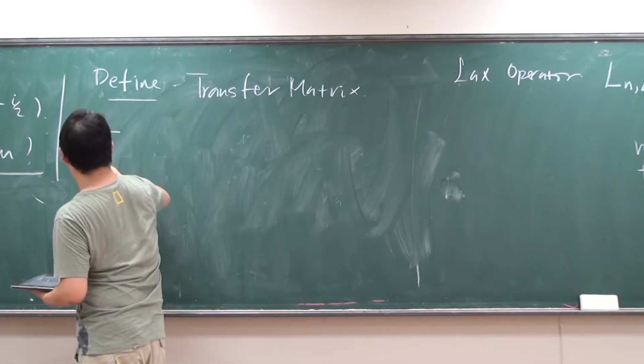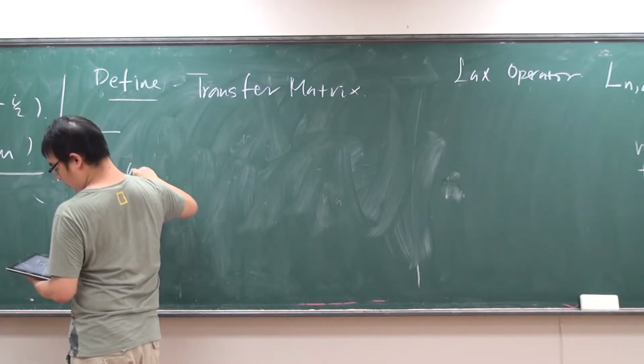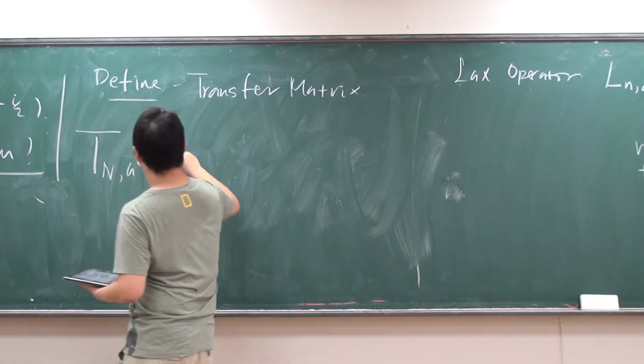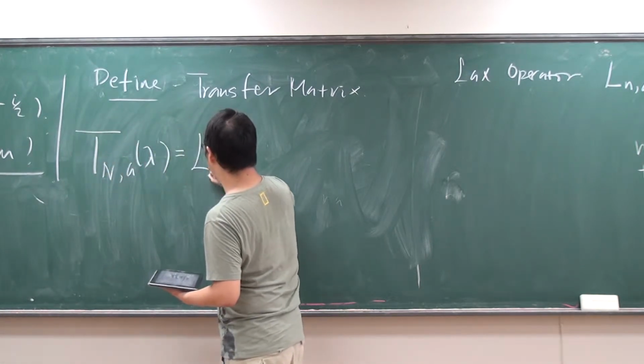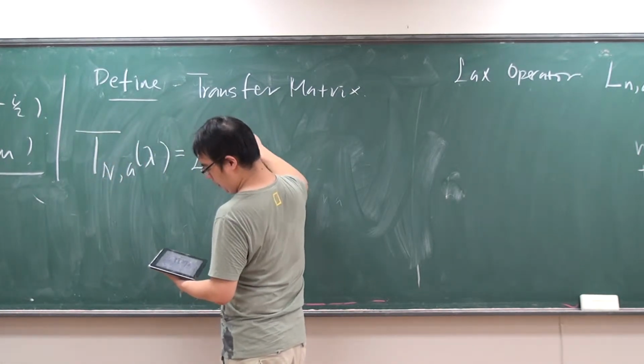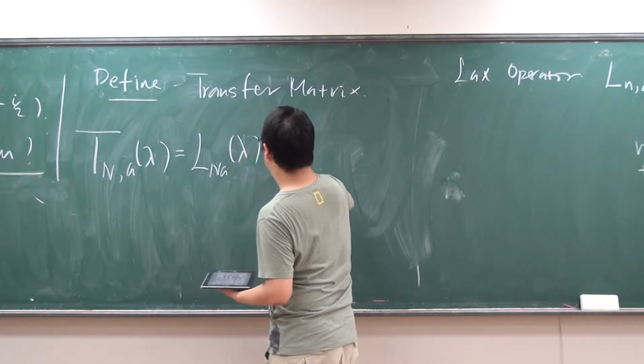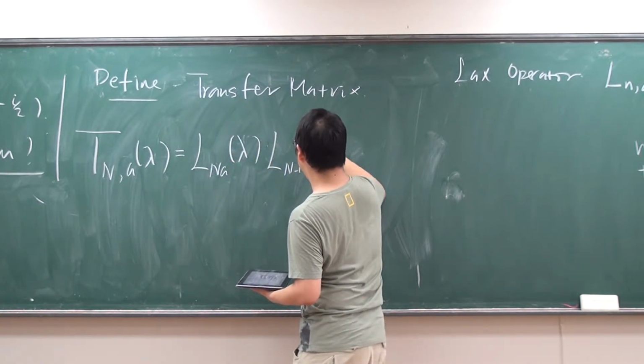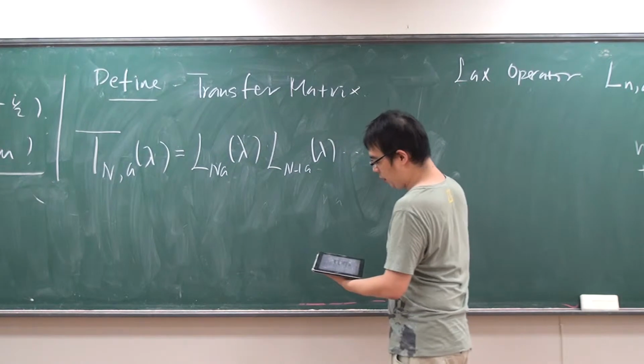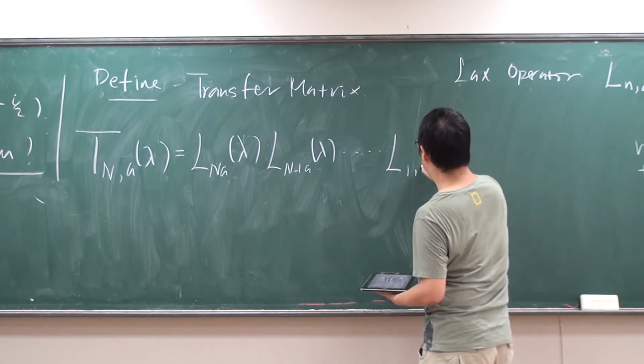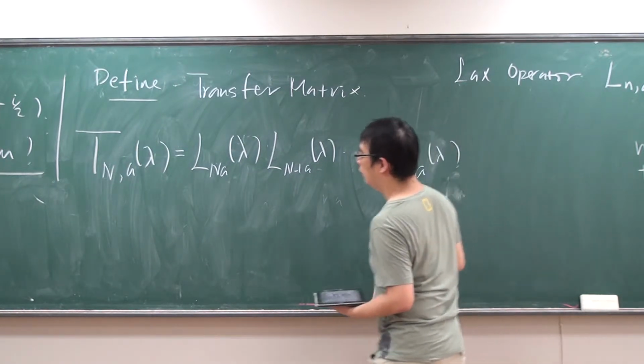which is something like T_A(lambda). And that's an ordered product of L_N,A(lambda), L_N-1,A(lambda), down to L_1,A(lambda).